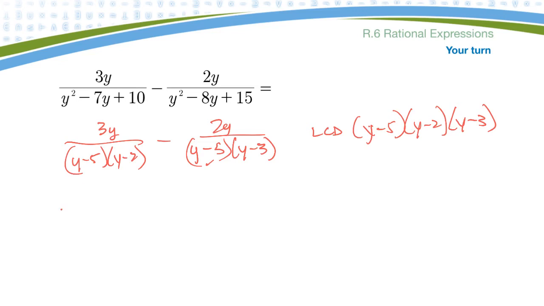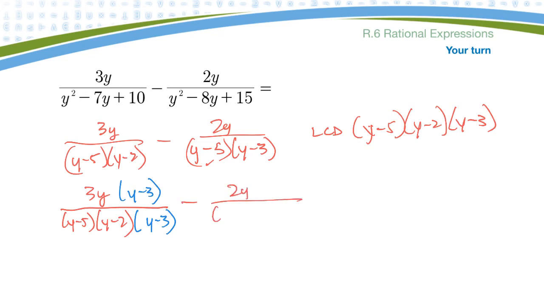So let's write the first one with that. (y - 5)(y - 2), and 3y. But then I'm including now, it needs a (y - 3) on the bottom and the top. Minus, this is what I have already, (y - 5)(y - 3). But I now need to include this one, (y - 2) on top and bottom.